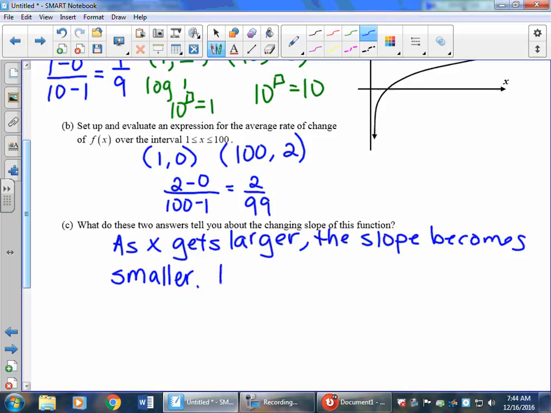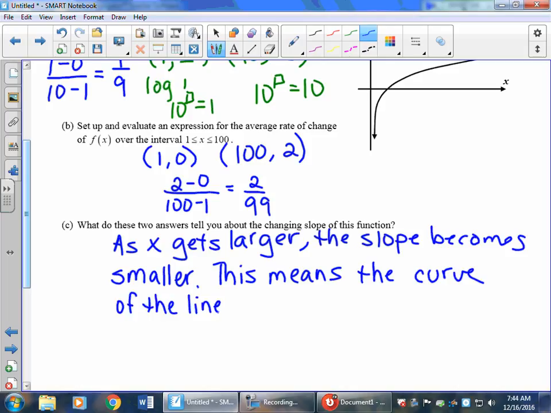Make sure you're communicating this like the person you're talking to doesn't understand. This means the curve of the line becomes more horizontal.